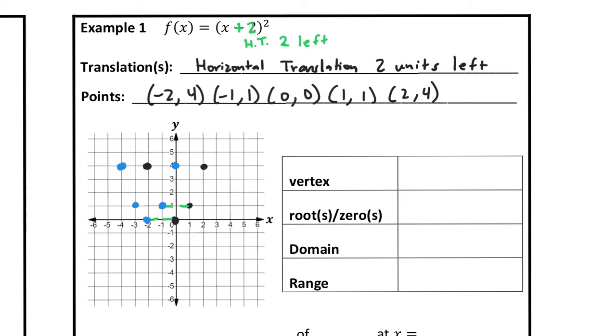Once I got my center point here, I just move that one 2 units to the left, then I go 1, 1, 2, 4, 1, 1, 2, 4.